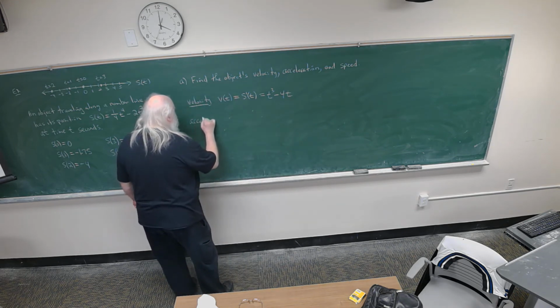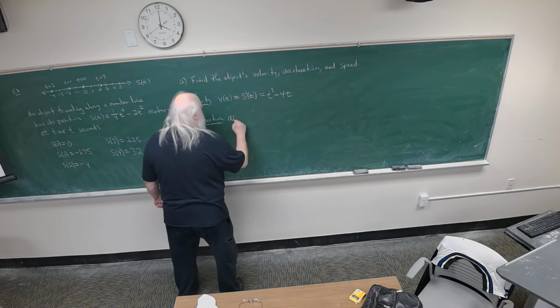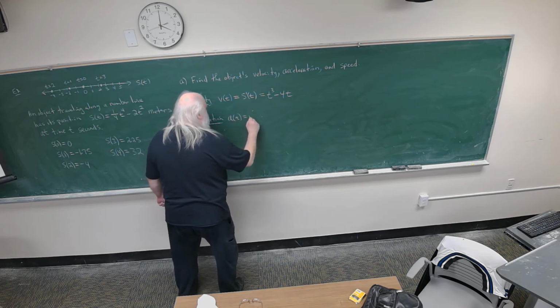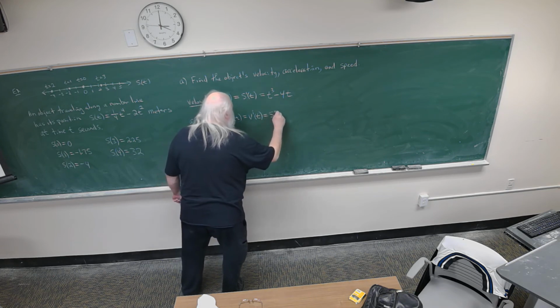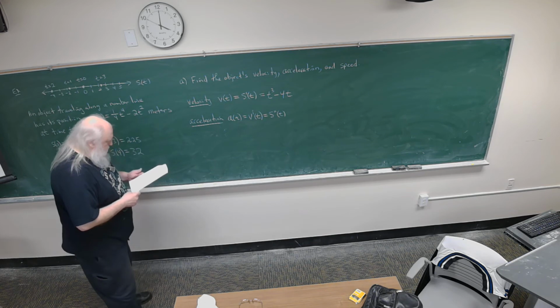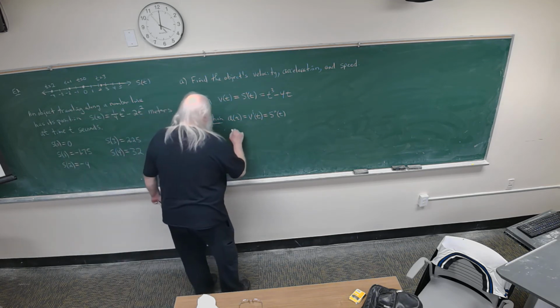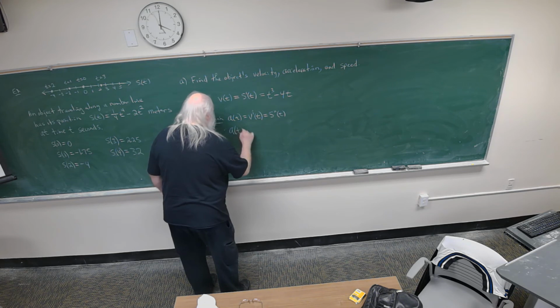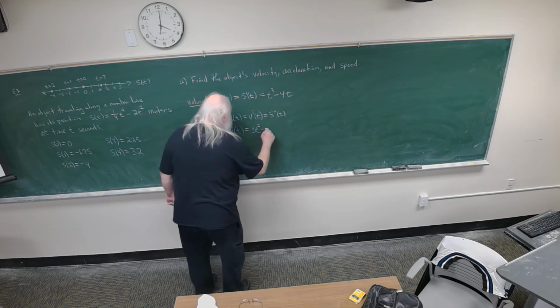The acceleration, a of t, is the derivative of the velocity function, which is the second derivative of the position function. And a of t in this case is equal to 3t squared minus 4.